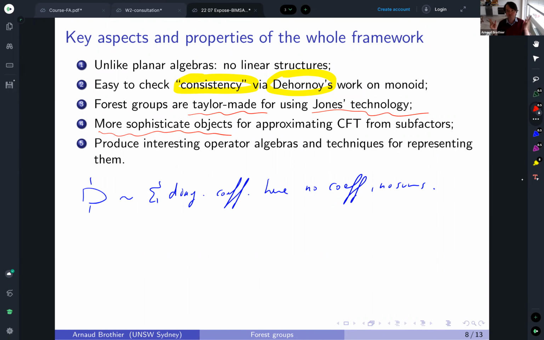The very naive idea is that I would take, say, the Haagerup subfactor and try to mimic its skein relation, get a forest group, and see if I can make some kind of discrete CFT, using this skein theory in the skeleton of the category of Haagerup. That's kind of the idea.